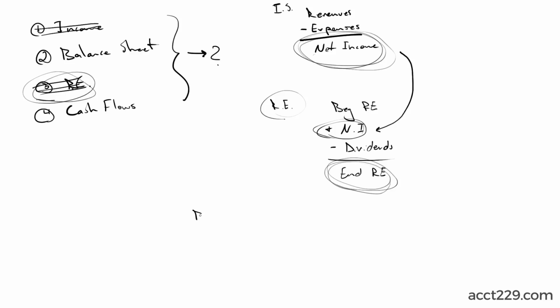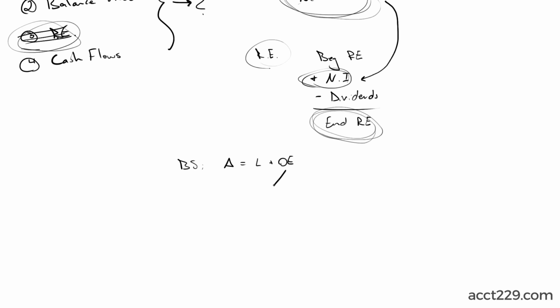Well, if you'll remember, the balance sheet is just the accounting equation, assets equals liabilities plus owner's equity. And what is owner's equity? Well, owner's equity is stock or capital and retained earnings. So look, we're working our way down here. So now we've got step 3, right?